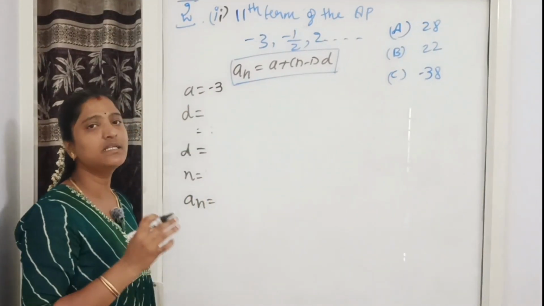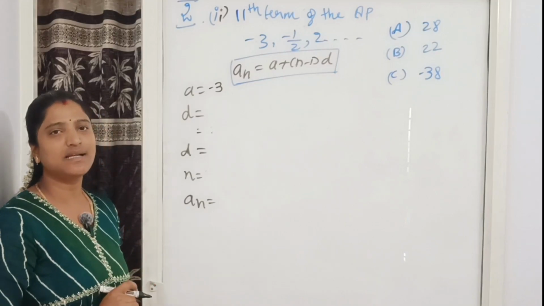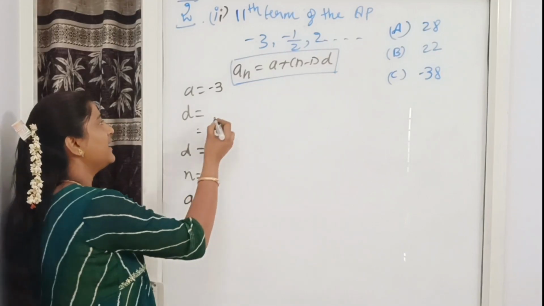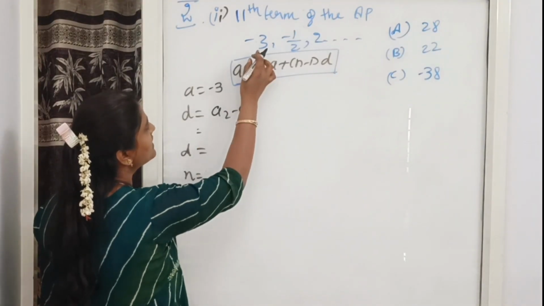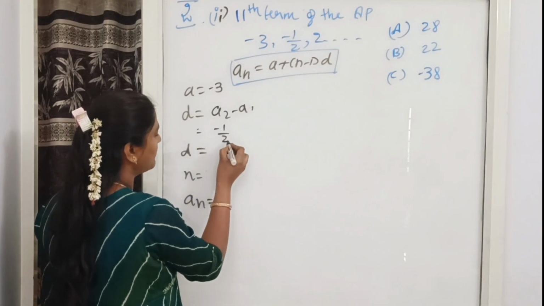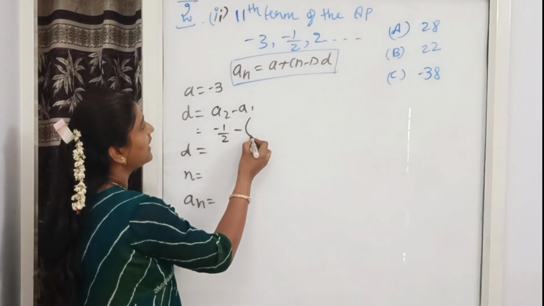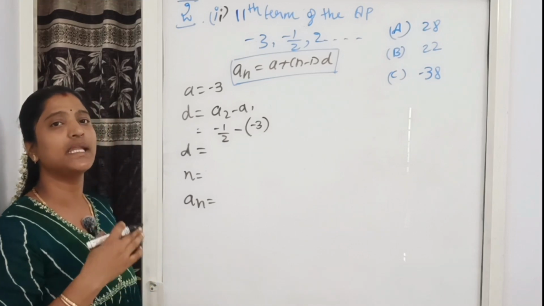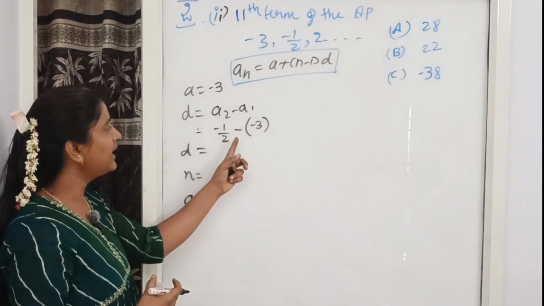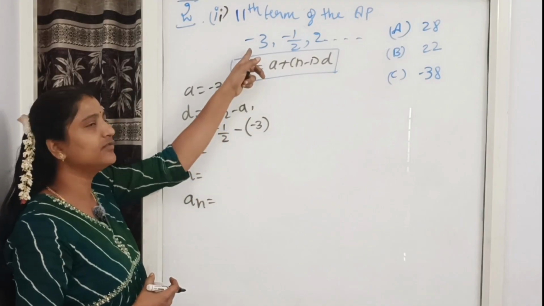The first term is minus 3. And what is the common difference? a2 minus a1. This is a1, this is a2. Minus 1 by 2 minus a1. a1 is minus 3. Be careful whenever the minus symbol is there. In the formula itself there is a negative and one more negative for a1.